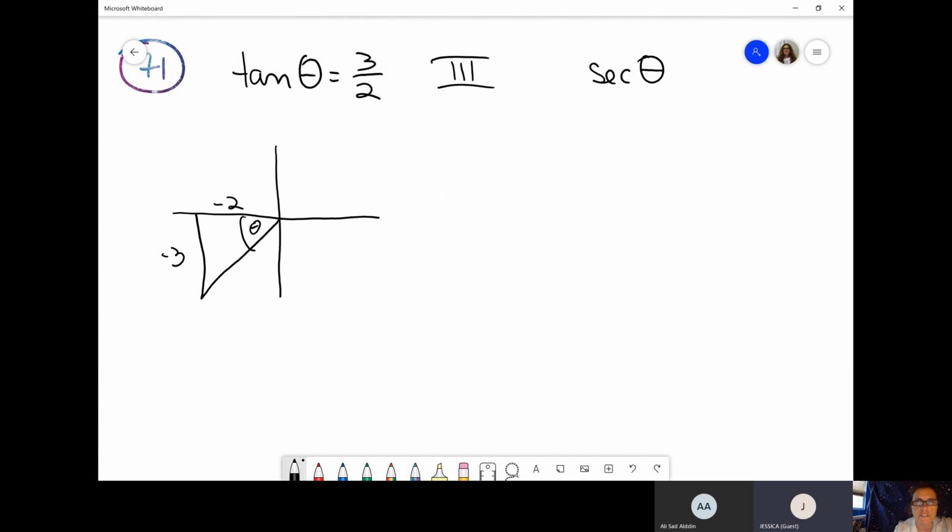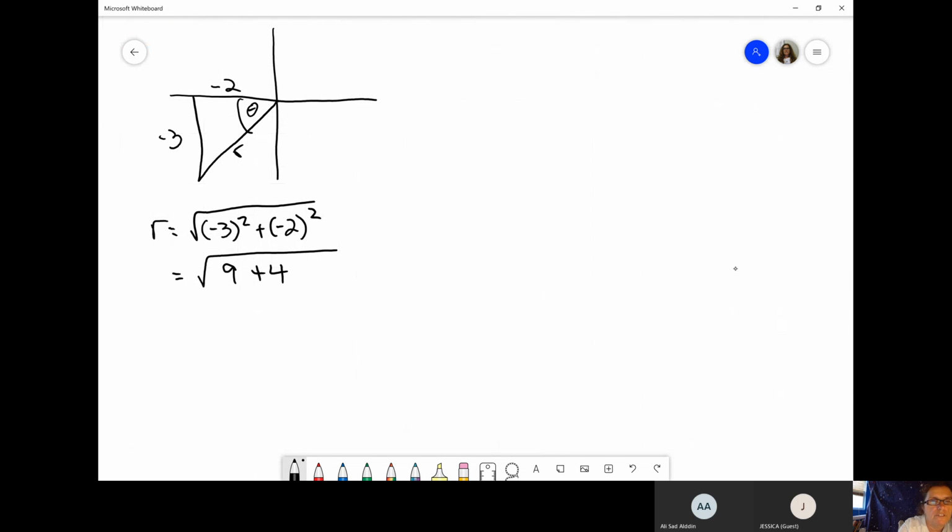We have to find the secant, which is the reciprocal, so we need the hypotenuse, this r here. So r is the square root of (-3) squared plus (-2) squared. That makes 9 plus 4, which is indeed 13. So r is the square root of 13.